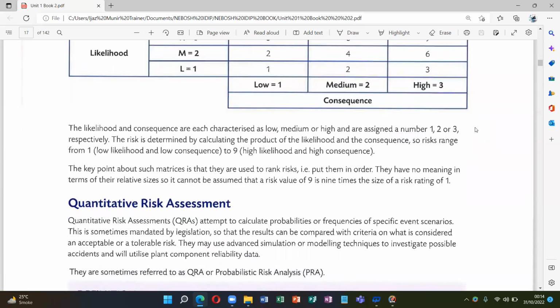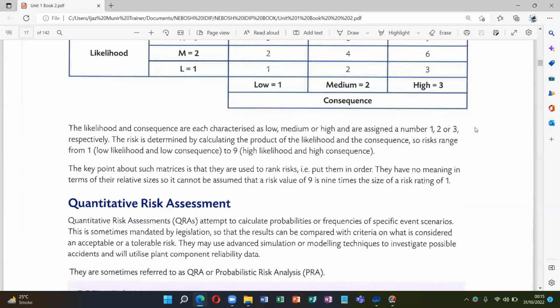The likelihood and consequence are each characterized as low, medium, or high and are assigned a number 1, 2, or 3 respectively. The risk is determined by calculating the product of the likelihood and the consequence. So risk ranges from 1, low likelihood and low consequence, to 9, high likelihood and high consequence.